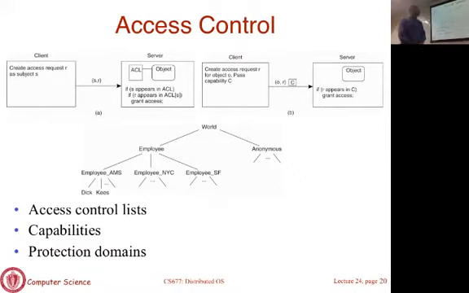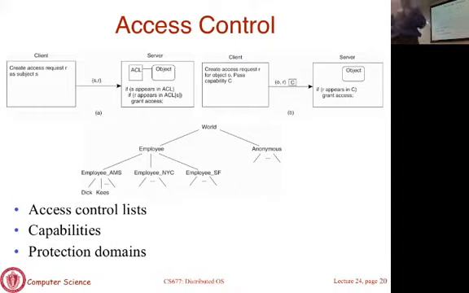In an access control list, with every resource there's a list of users that tells who is authorized to access that resource. The simplest way to think about this is files. For every file on your system, you have a list of who can read, write, or execute that file. In Windows, you can actually construct a list. In Unix, there's a coarse list used, that is owner, group, and world. But modern Unix systems also allow you to attach a list.